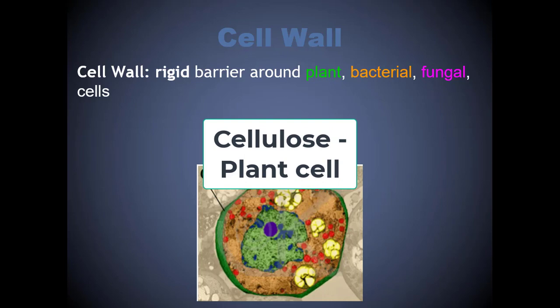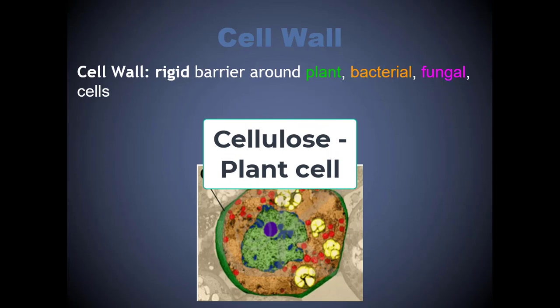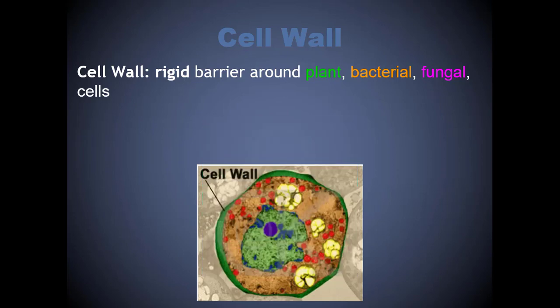Then the fungal cell wall is made up of chitin, a material similar to that in insects, so we say a chitinous cell wall. Okay, and the bacterial cell wall is made up of peptidoglycan.